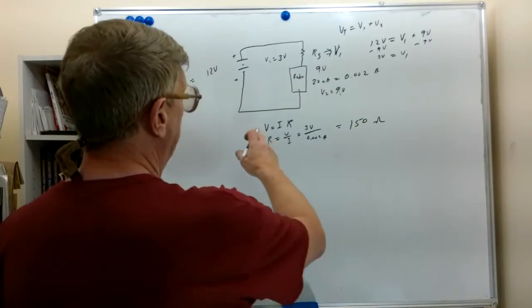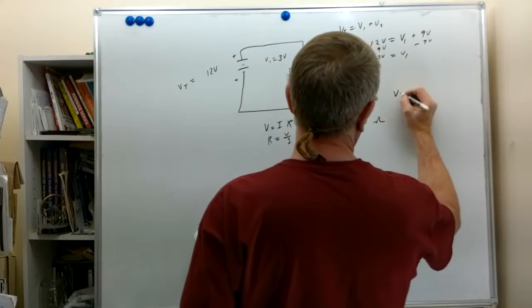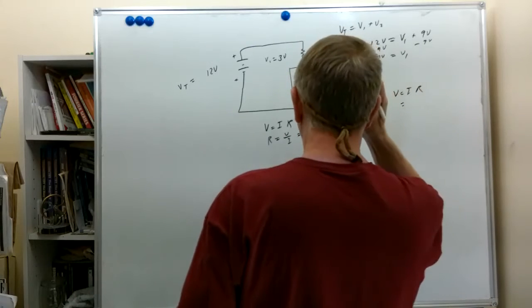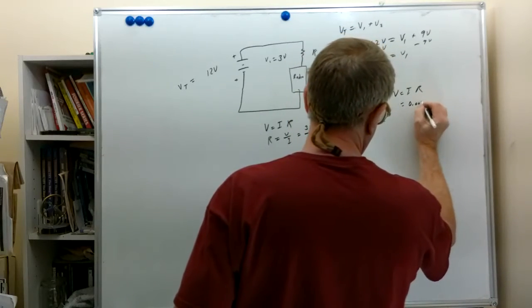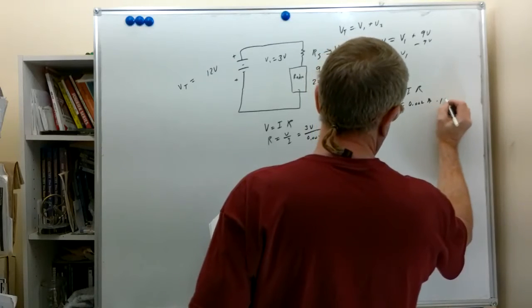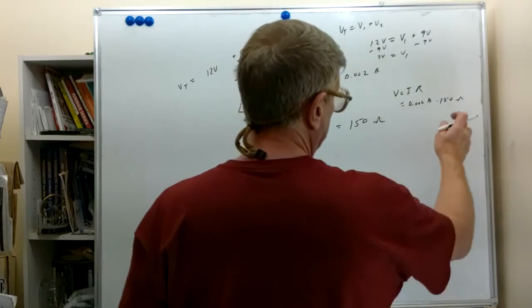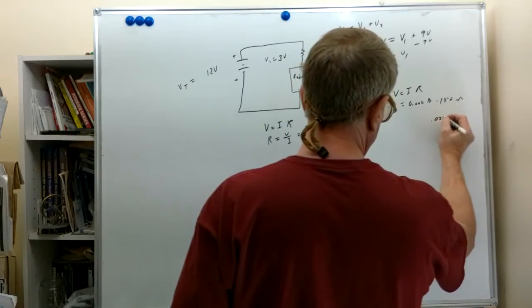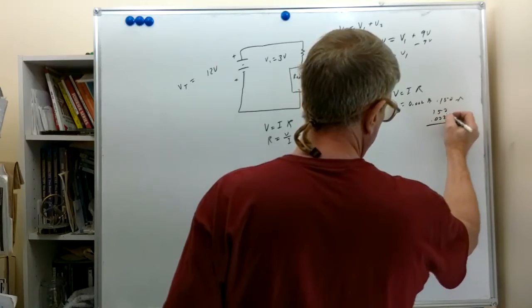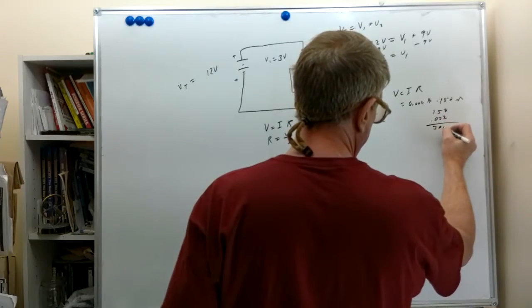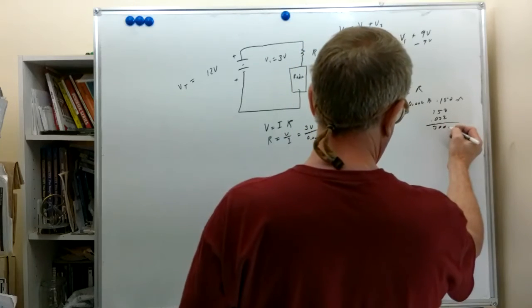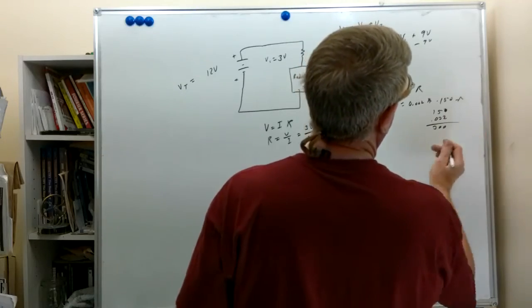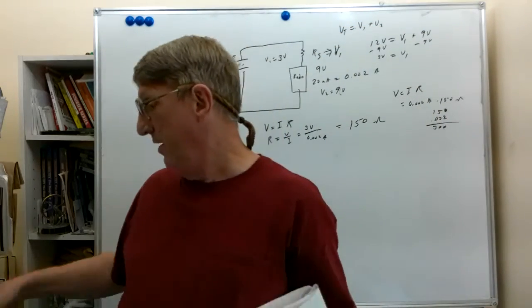And let's double check that using this formula. Voltage equals I times R. So we have here 0.002 amps times 150 ohms. Let me just do it with a calculator, make sure I'm doing it right.